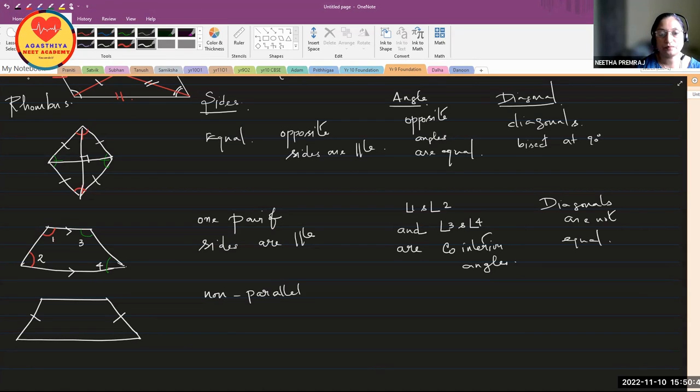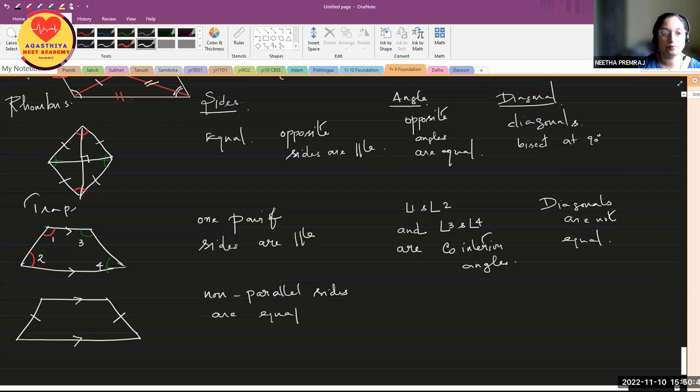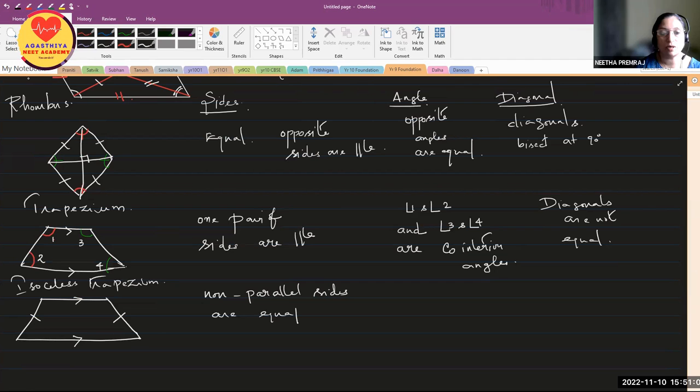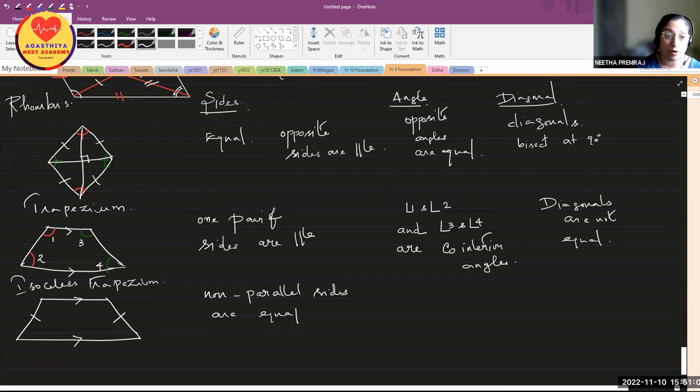This is trapezium. This is isosceles trapezium. Then other properties: in isosceles trapezium the diagonals are equal, but in an ordinary trapezium diagonals are not equal.